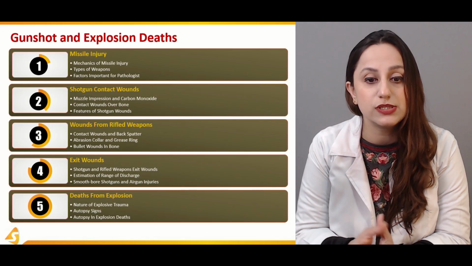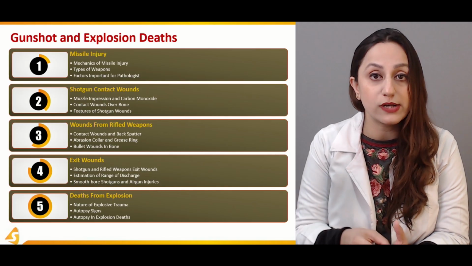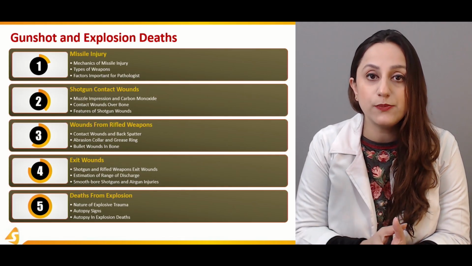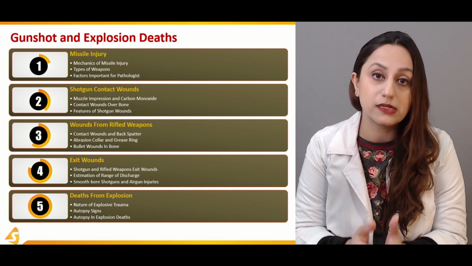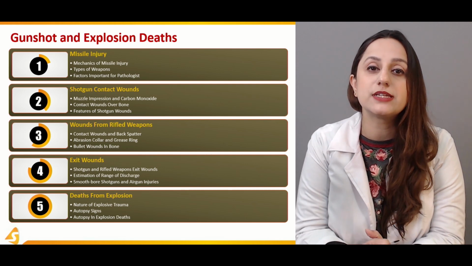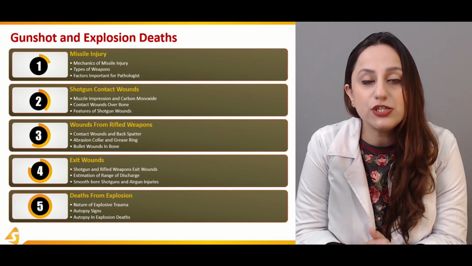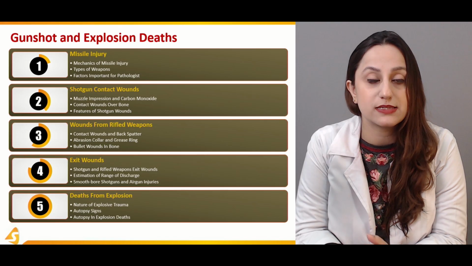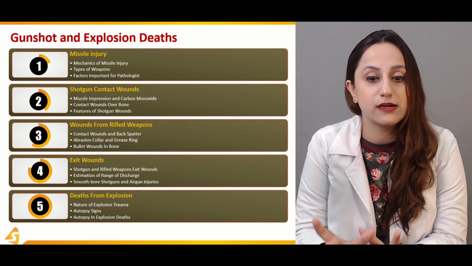It's again very crucial. Now, the contact wounds over the bone. If the tissues are in close contact with the bone and the muzzle injury occurs, what will be the characteristics of such an injury? That will be discussed here in the second section. The features of the shotgun wounds are again discussed in detail, depending upon the ranges of the gun.